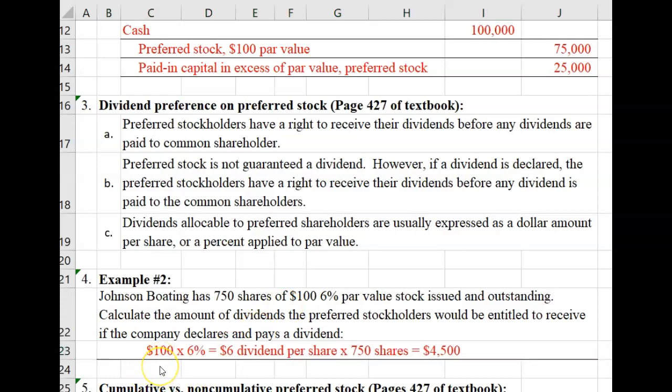And the way the dividend is calculated is by taking the par value of $100 times the specified percentage, 6%, equals $6 dividend per share times the total shares of preferred stock issued and outstanding, and that would mean that the preferred shareholders are entitled to receive $4,500 if the corporation declares and pays a dividend.